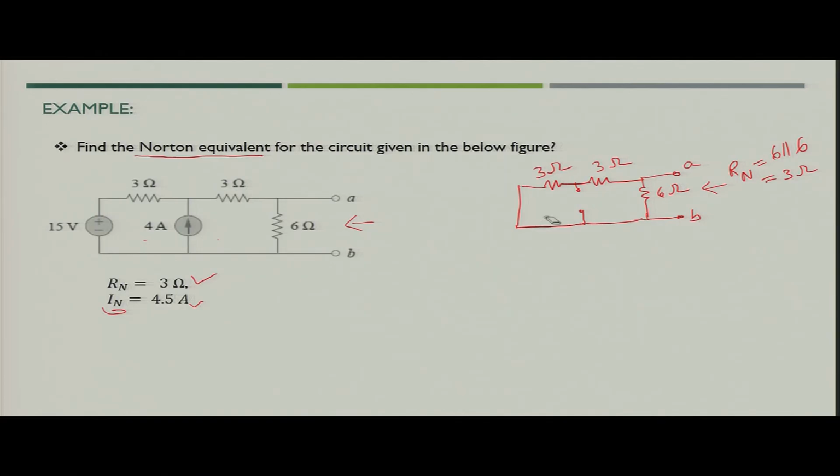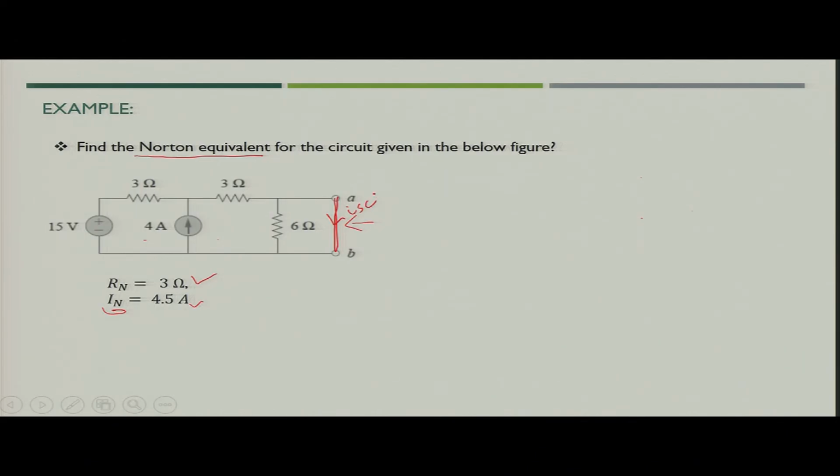Now, next task is to find out the value of Norton's current. So, what you will do? Let us do the calculation of Norton's current with the help of the circuit. We will just simply short circuit the terminal A B. So, the circuit would be, let us apply here the short circuit current. So, here you have short circuit current ISC.